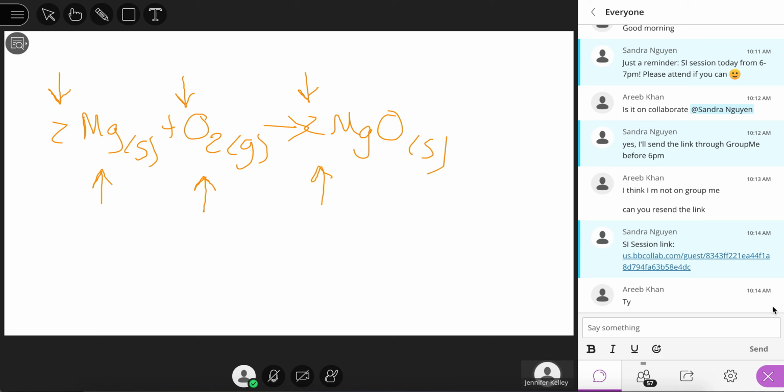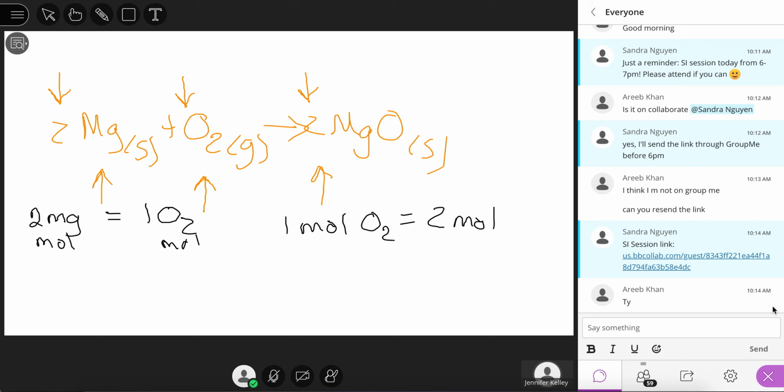So that's what we're going to use, and that makes them useful because you can use them as conversion factors. So you could have 2 magnesium equals 1 oxygen. It could be like 2 moles. Or you could have 1 mole of O2 equals 2 moles of MgO, and so forth.